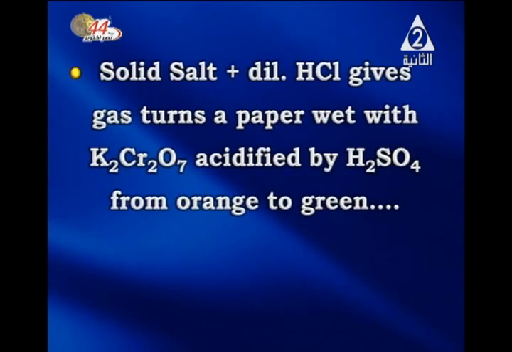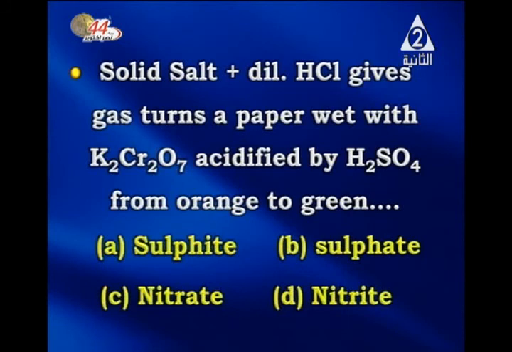Next one. The solid salt plus dilute hydrochloric acid gives a gas that turns paper wet with potassium dichromate acidified by sulfuric acid from orange to green. Is it sulfite, sulfate, nitrate or nitrite? Yes, the answer will be sulfite.